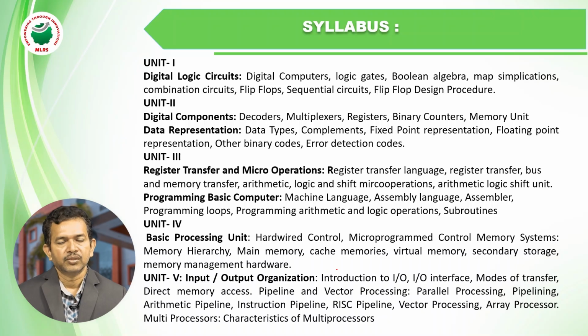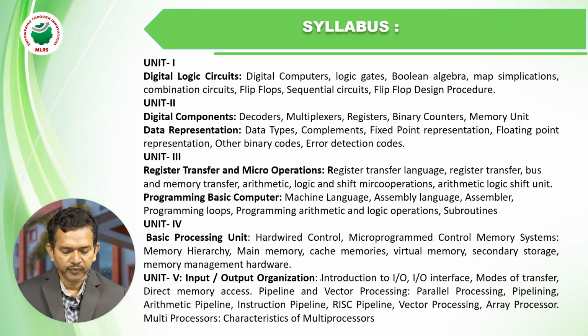Initially we store the data and give some address to the data, and once the address and data are given to the register, immediately we do some operation on it. That operation may be an arithmetic operation, a shift operation, or a logical operation. All these operations, related to arithmetic, logic and shift, we are going to see in this particular unit.